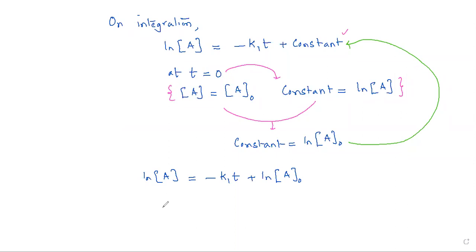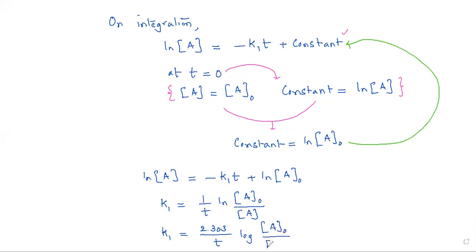Now this can be written as K1 is equal to 1 by T into log A naught by A, or finally this way. See, ln, I mean natural logarithm, is equal to 2.303 into log base 10. That's it. Okay.